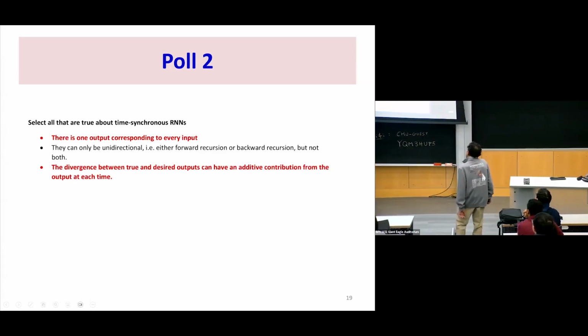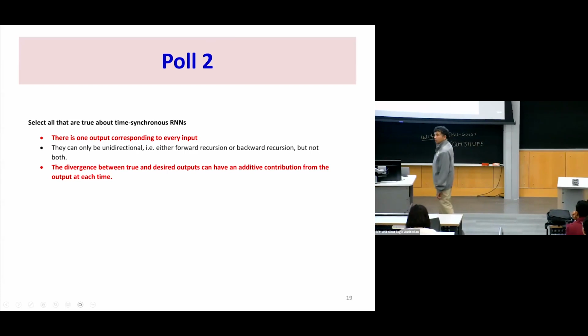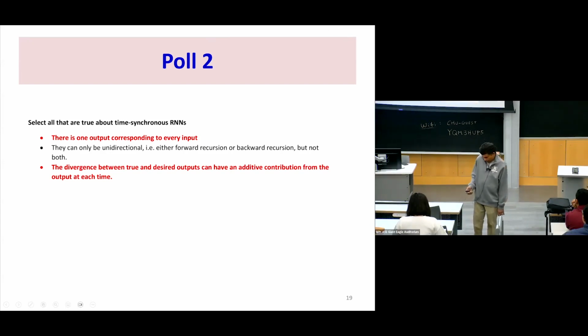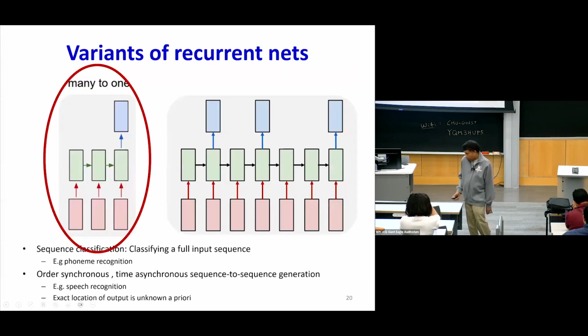Well, the divergence between the true and desired outputs can have an additive contribution from the output at each time, right? The key word is can. We're not saying that it will always have it, but we're going to try to convert everything to that format so that we can perform back propagation conveniently.